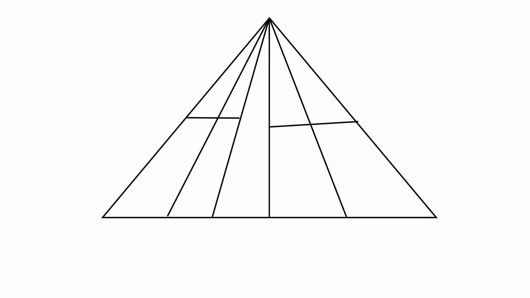Now this is another figure which we see here. It's more complicated than the previous figures. So here also we do the same: count the bases of the triangles. This is 1, 2, 3, 4, 5. For this triangle also we have to count the base, 1, 2.